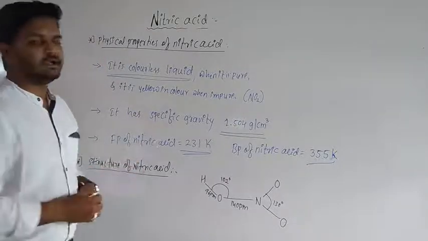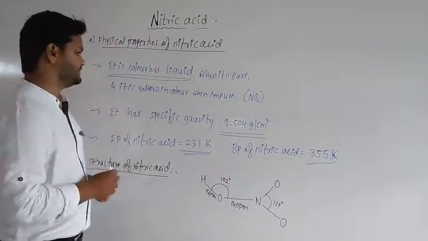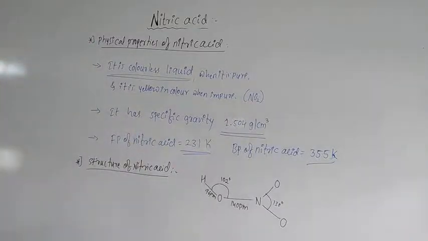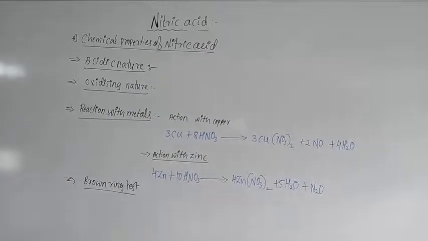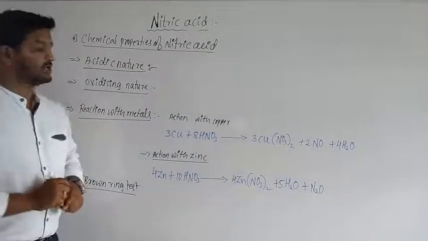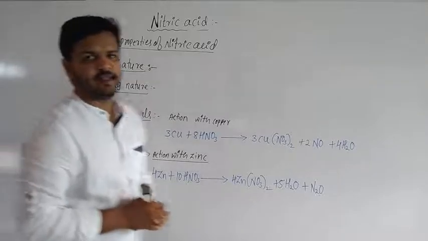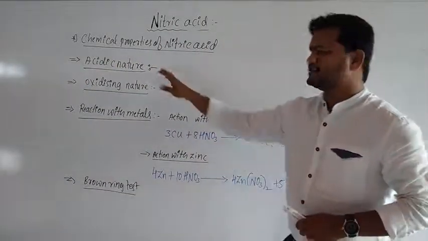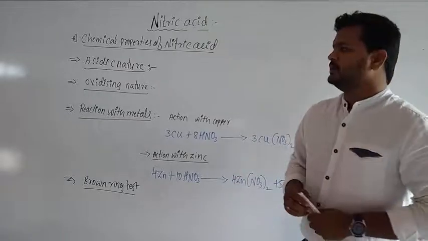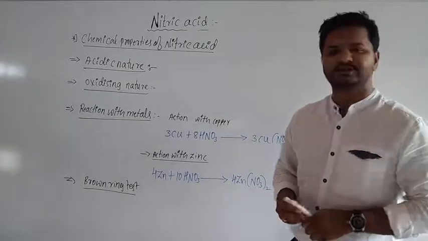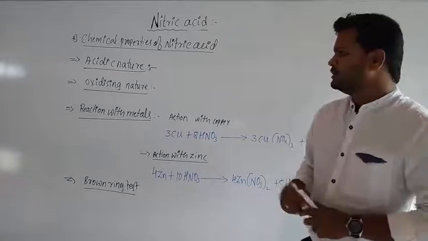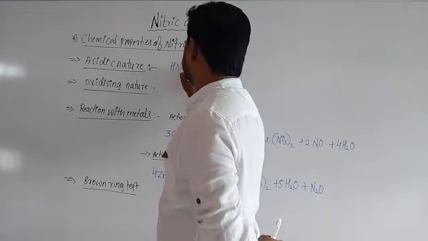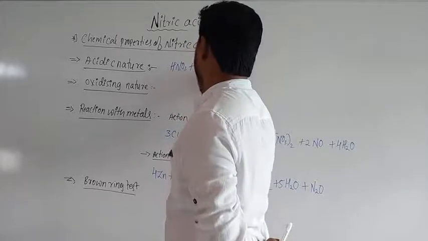And the next one, chemical properties of nitric acid. So take it. Okay students, chemical properties of nitric acid. In that, first one, acidic nature of nitric acid. Here, students, nitric acid acts as a strong acid in aqueous medium, like this. HNO3 reacts with aqueous medium, means water.